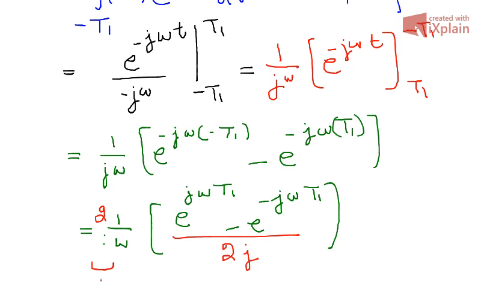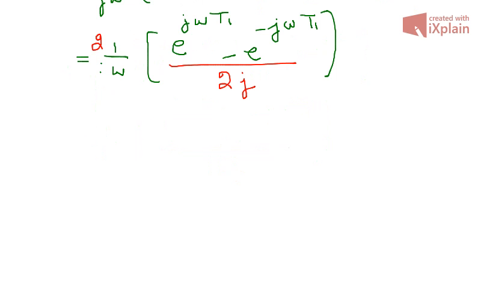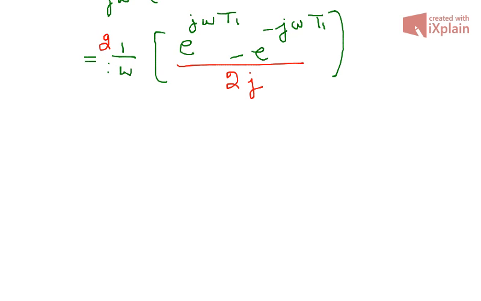Now you can see why I did it. I did it for the sole purpose of making an expression of sine of omega t1, right? So this is actually equal to 2 over omega sine of omega t1.